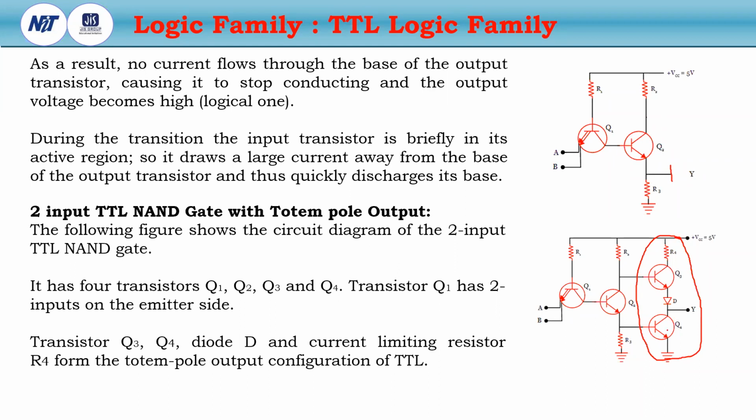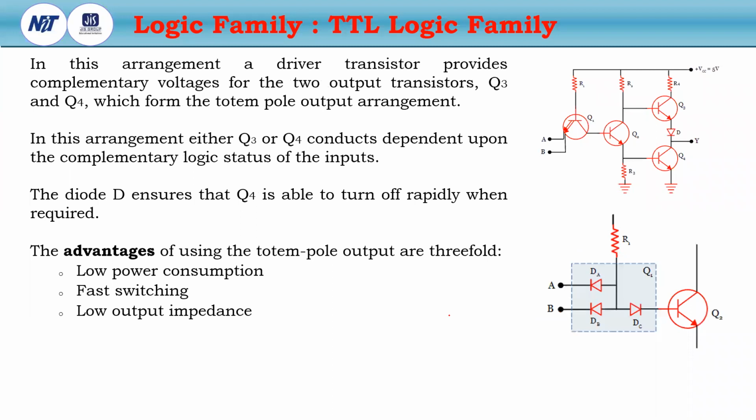One current limiting resistor, 2 transistors and 1 diode. This configuration is called the totem pole configuration, which is attached at the output of the TTL logic family. Now, in this arrangement, a driver transistor provides the complementary voltage.